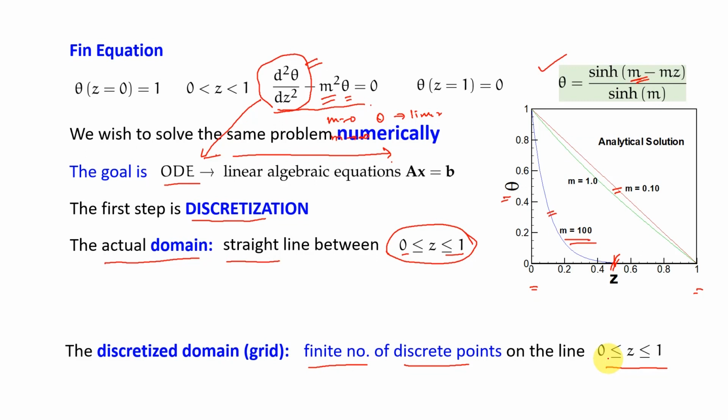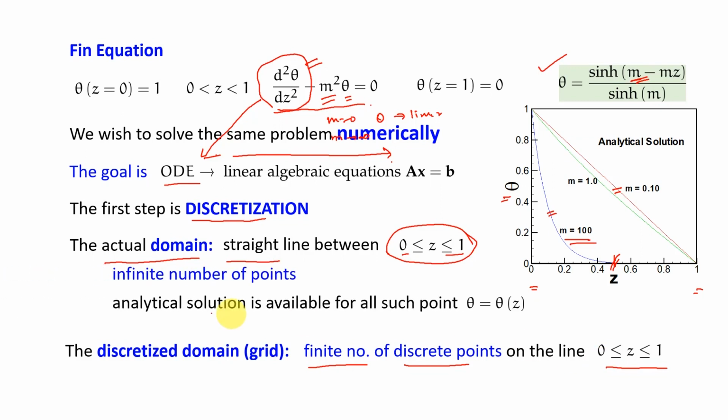What happens between two discrete points is not our concern. In the actual domain, of course, we have an infinite number of points. Given any value of z between 0 and 1, this particular function, which is our analytical solution, will give us a value of theta, which is not going to happen in a discretized domain. In numerical solution, we can only have solution at discrete points.